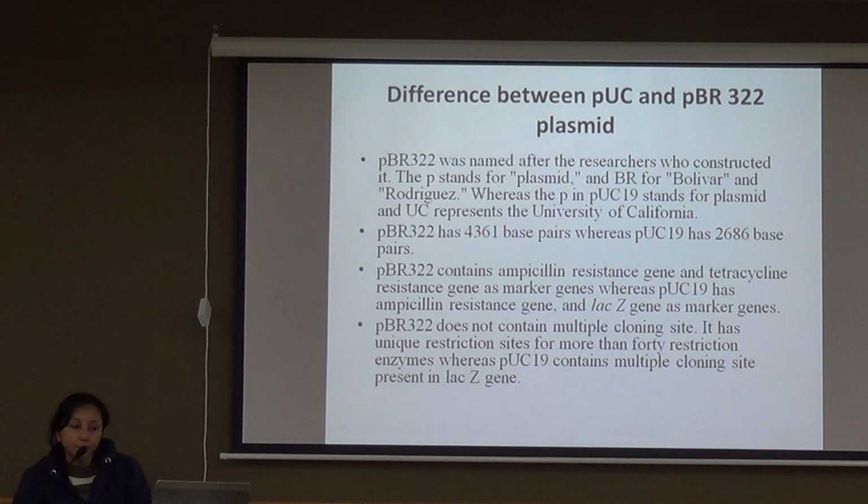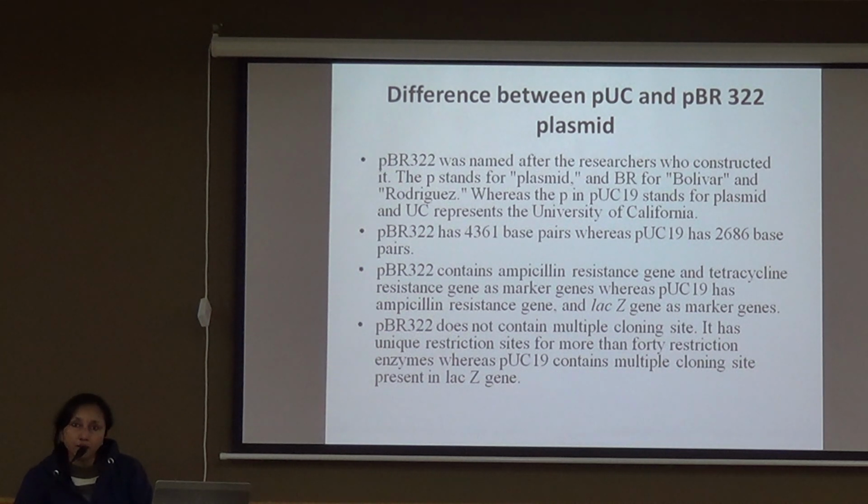On the other hand, pUC19 has one ampicillin resistance gene and one lacZ gene as marker. The ampicillin resistance gene again confers resistance to ampicillin antibiotic. What does lacZ do? lacZ is a gene which produces an enzyme, beta-galactosidase. Now what does this enzyme do? This enzyme converts X-gal substrate, which is white in color, to a product which is blue in color.